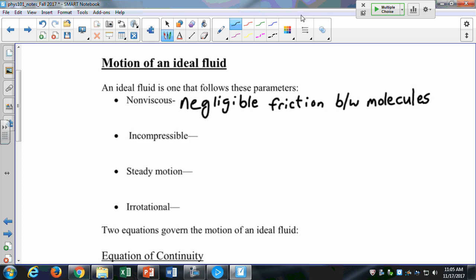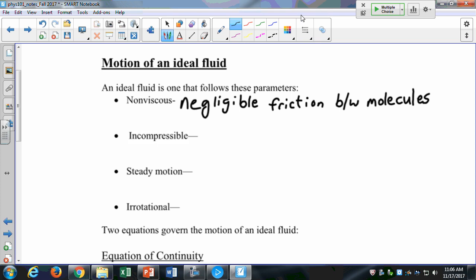So, pancake syrup, viscous or non-viscous? Viscous, right. Water, viscous or non-viscous? Non-viscous, right. There's a range of viscosities, but it's generally fairly obvious, at least the questions that I'll ask you, what's viscous and what's non-viscous.